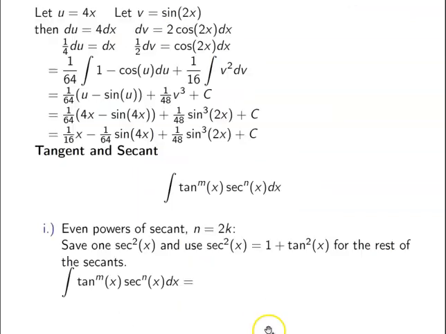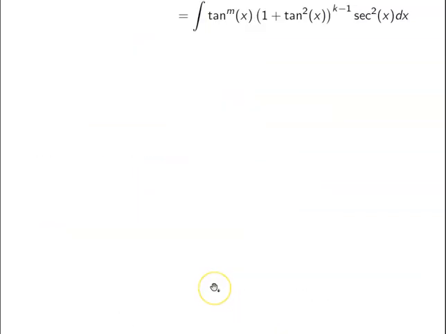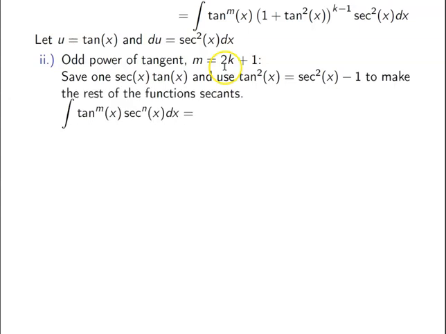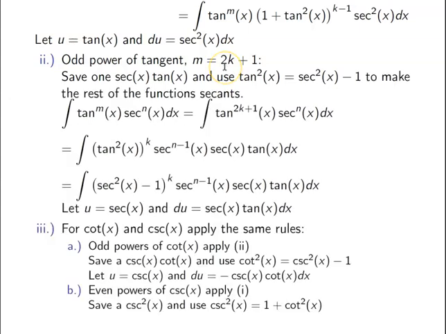Again, identical to what we have here. Okay, tangent and secant, instead it's cotangent, cosecant. So tangent is cotangent, negative cosecant instead of secant squared.